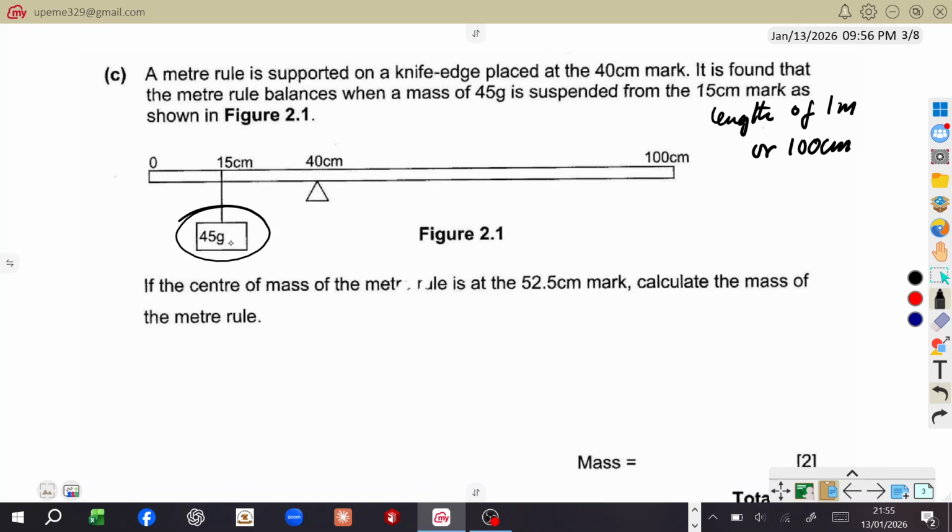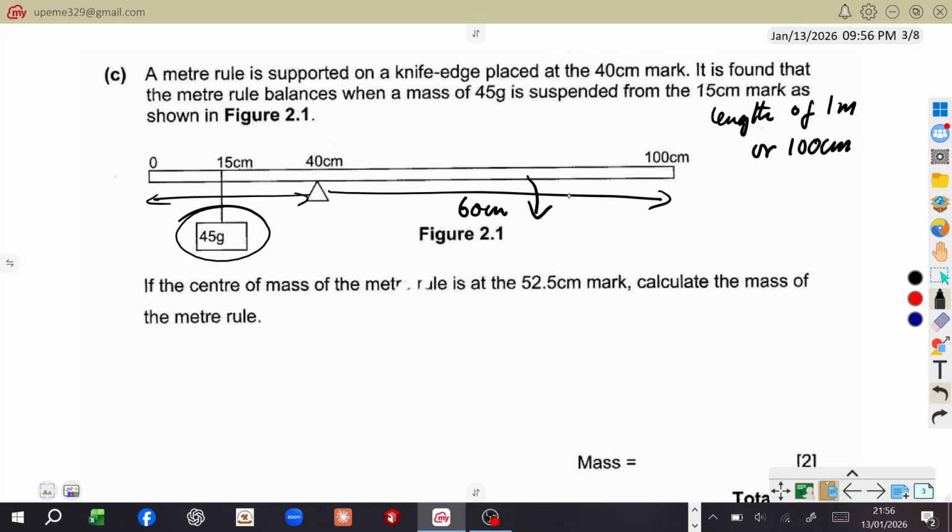No. Let me lead you to think, it will not balance, because this side is longer, this side is more longer. If going from this side to here is 40, then this side is 60. So this thing will not balance, it will fall on this side.